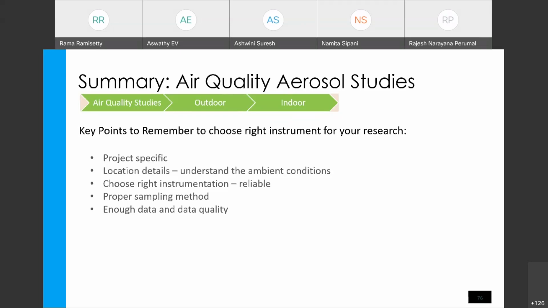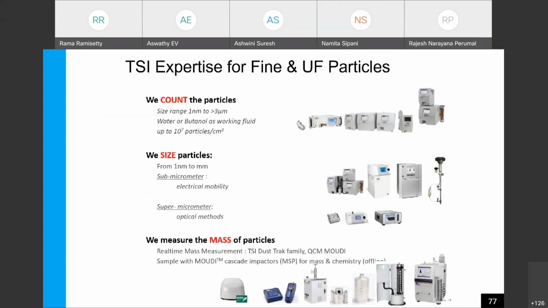And if you have to tell about air quality in a certain place at a certain time, you need to have enough data and good quality data, so that you can assess the air quality of any particular region or any place. TSI does offer counters, sizers and mass measurement designs for different size ranges, or you can call them different grades.